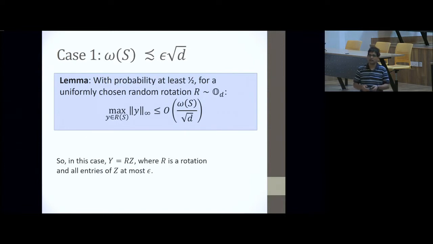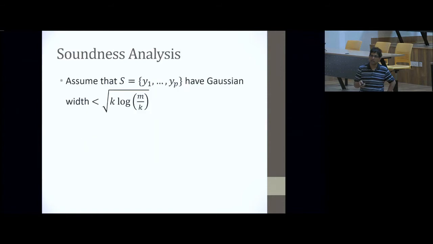So in the case when omega of S is less than epsilon square root of d, this means that in fact y can be written as some rotation times some z, where all the entries of z are small. In that sense, it falls into the other case.